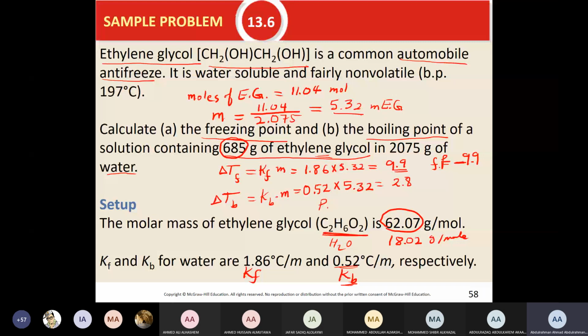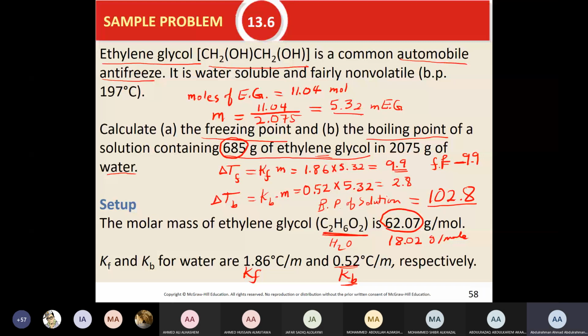Boiling point of solution. Minus 2.8? No. 97.2? No. It will increase. It will be more than 100. It will be 102.8.